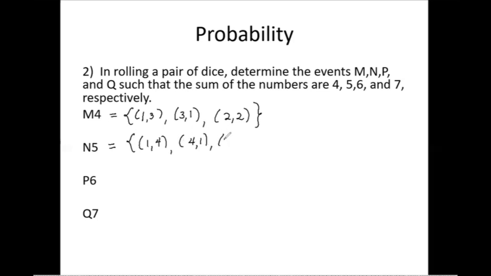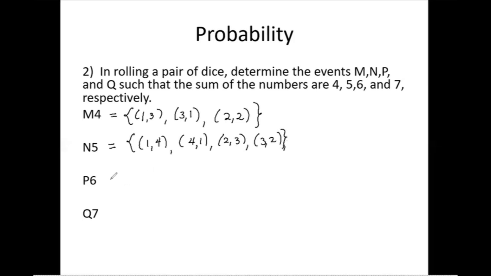Ano pa? 2, 3, and 3, 2. Meron pa ba? 1, 4, 4, 1, 2, 3, 3, 2. Hindi naman pwedeng 5, 0. Pwede, pwede. So, close na natin.